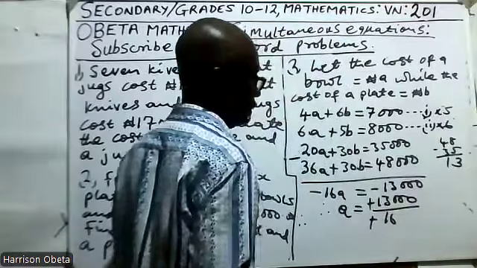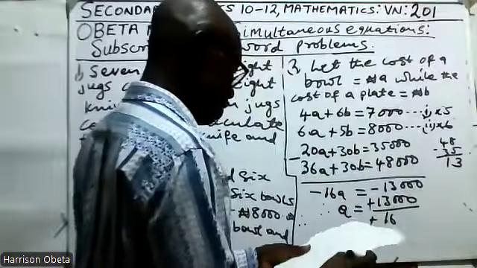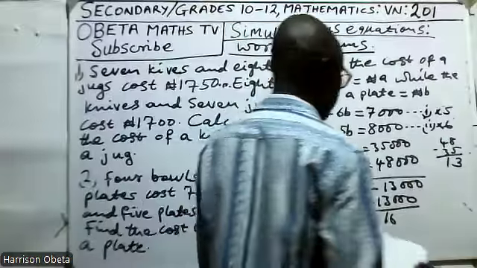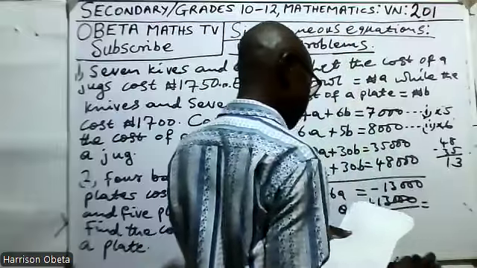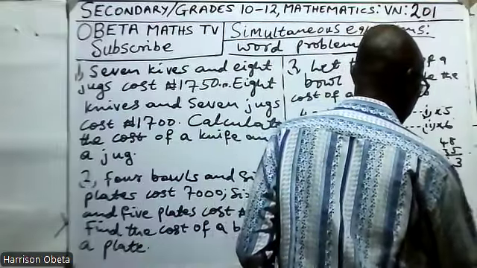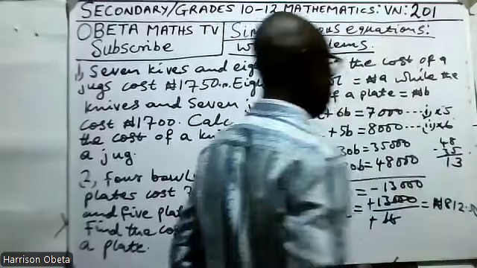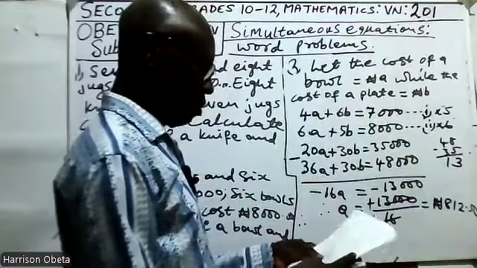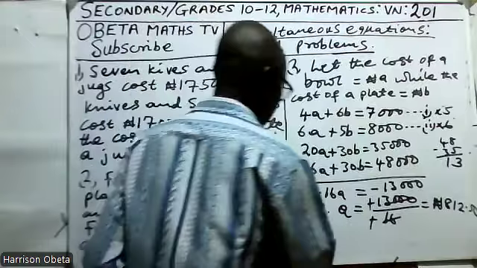You carry out the division using our calculator, and this will give us 812.50. 812 naira 50 kobo.